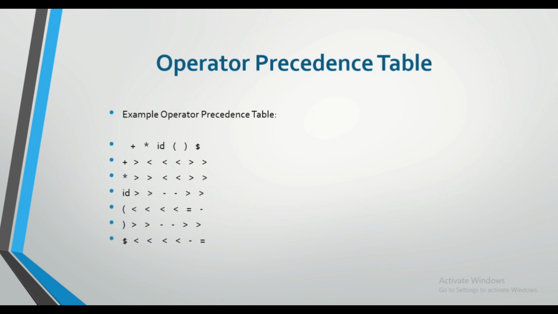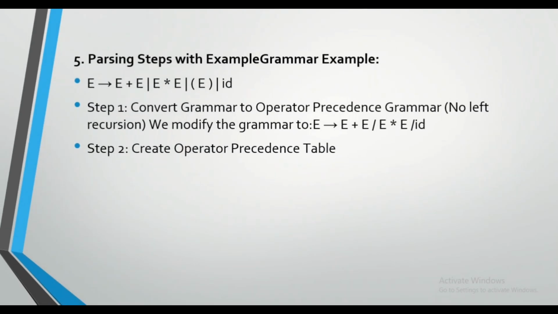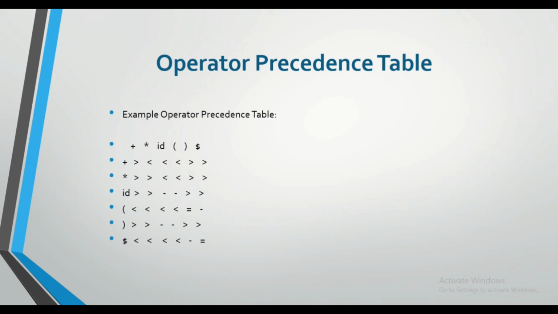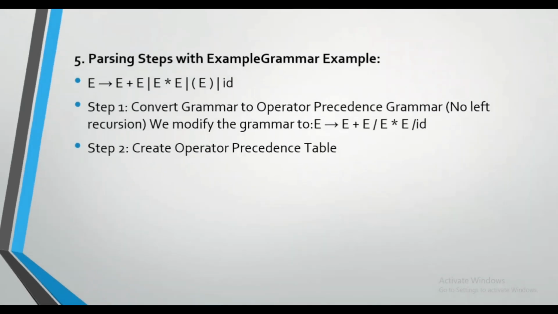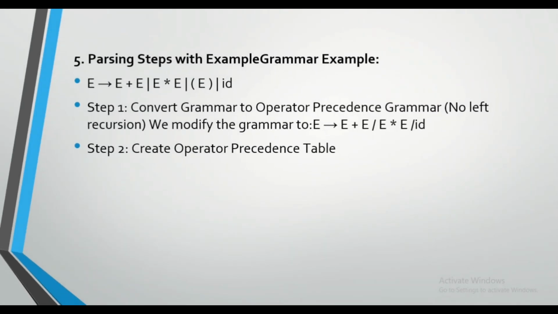So here you can see, by applying the first step of removing left recursion from the grammar, then there is the modification in the grammar, and then we compare both grammars and create the table. So plus is greater than plus. Basically here, in the first step, the plus is greater than the other plus.